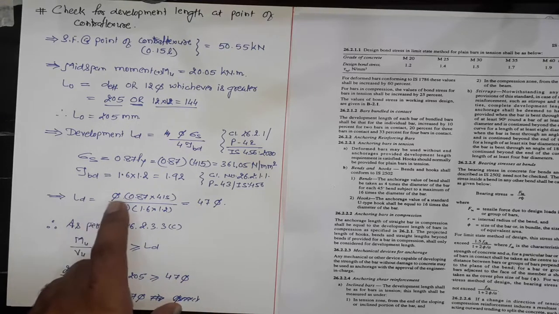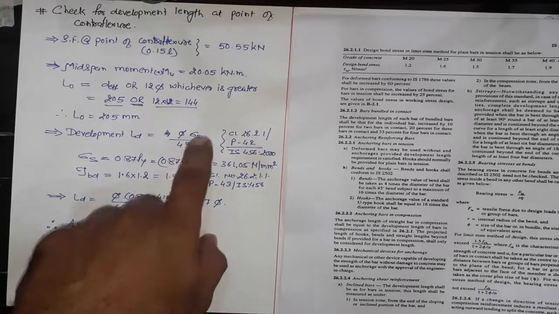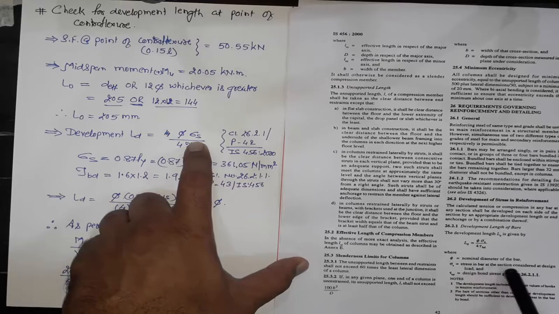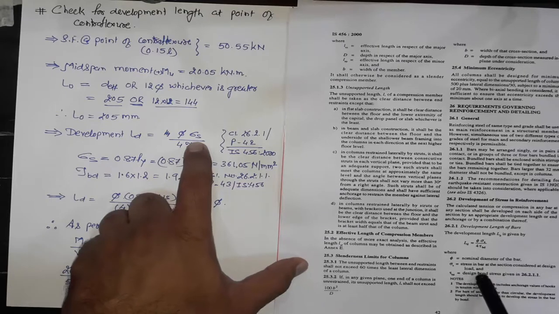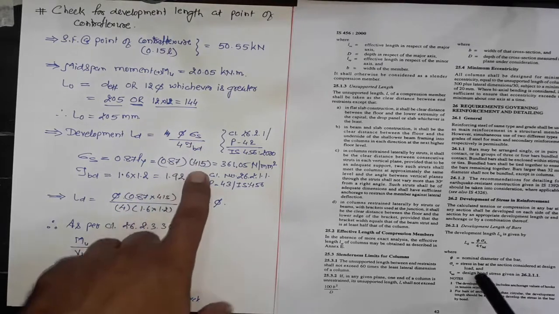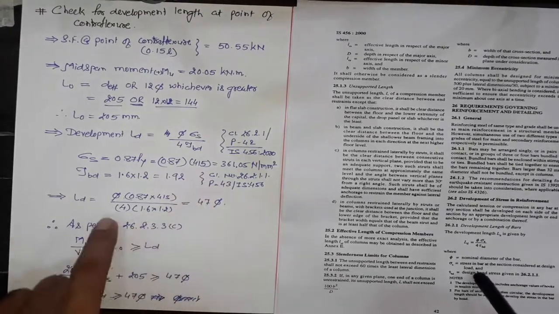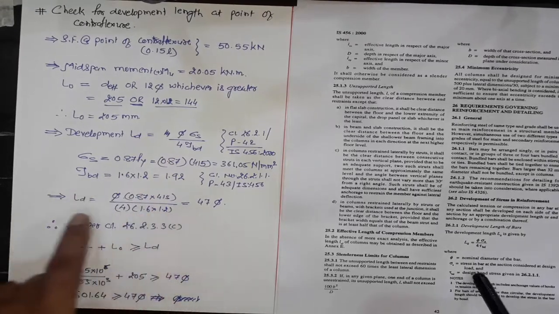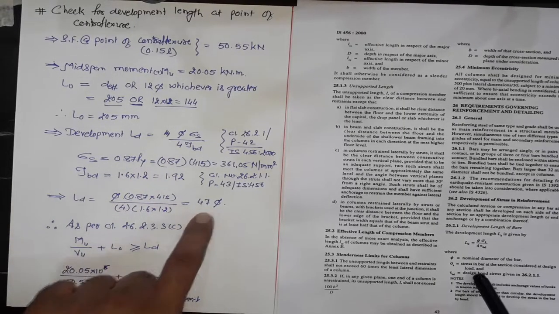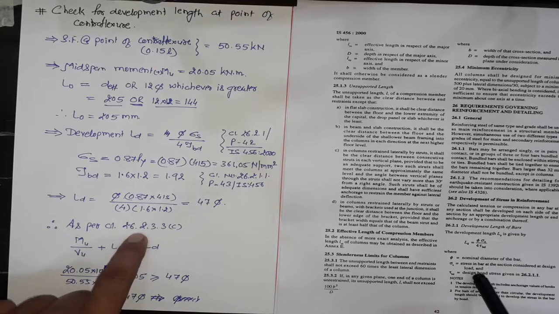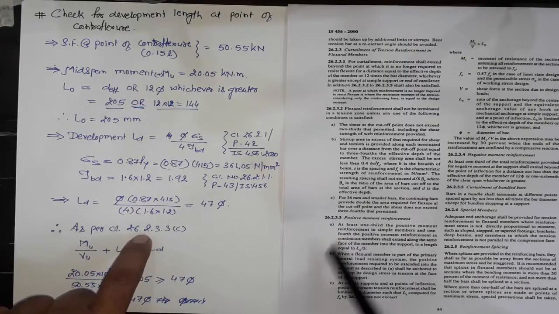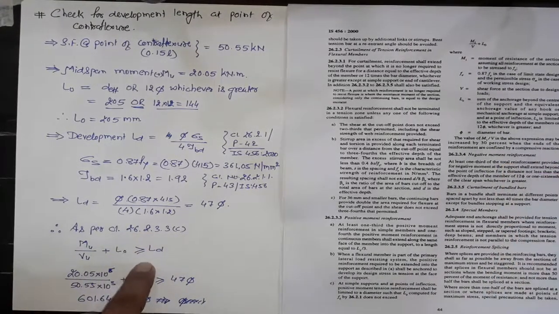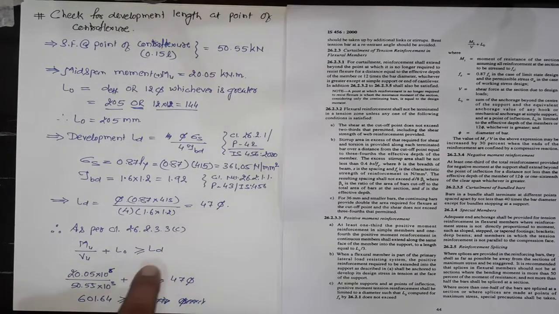Therefore LD will be equals to 5 into 0.87 sigma s. Sigma s is the stress in a bar at a section considered at the design load. Sigma s will be equals to 0.87 of Fy, that is 415. Substituting this value in this equation, you will get LD is equals to 47.5. Therefore, as per clause number 26.2.3.3 C, you will get M1 upon V plus L0 should be greater or equals to LD.